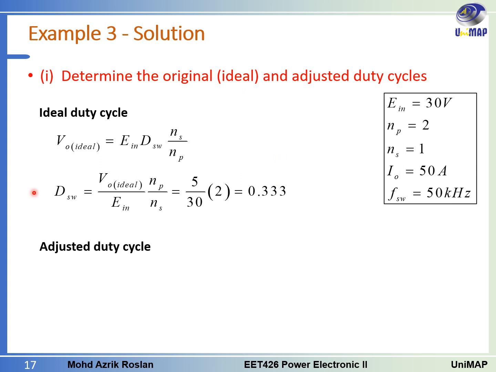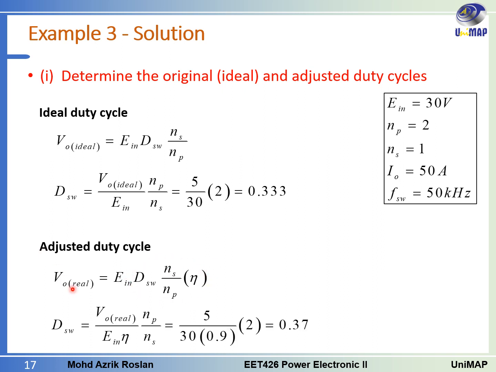But we know that by the measurement, the designer measured the efficiency to be 0.9, 90%. So he takes into consideration the efficiency term in this equation and recalculates the D switch. All other parameters are the same, but now we have the efficiency parameter in the equation.